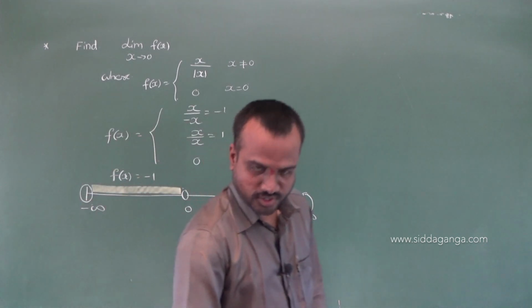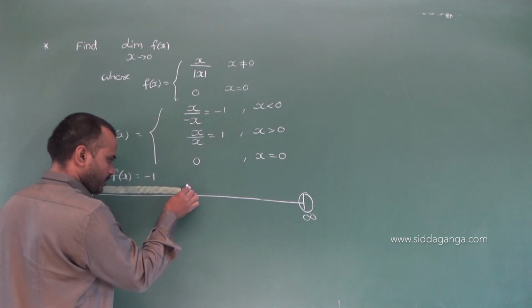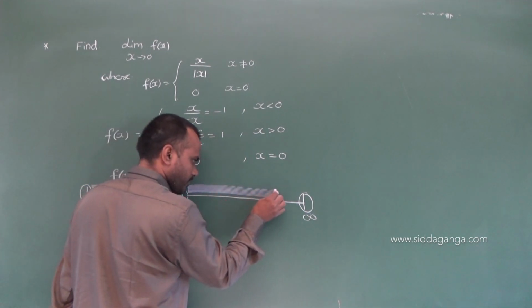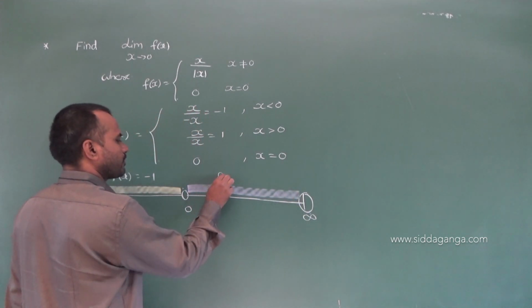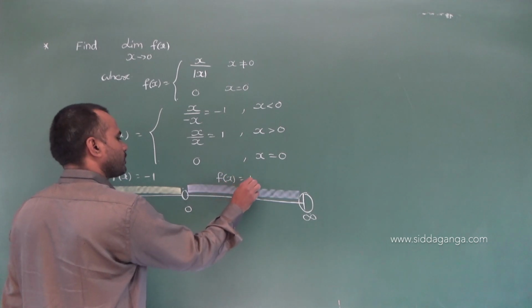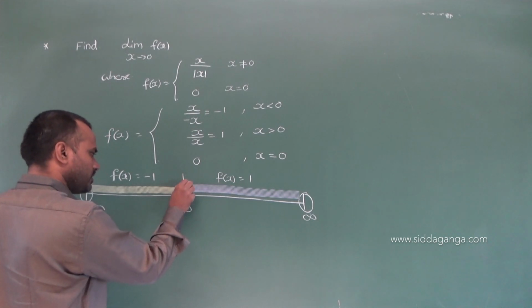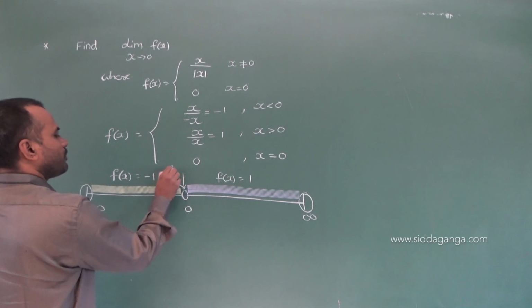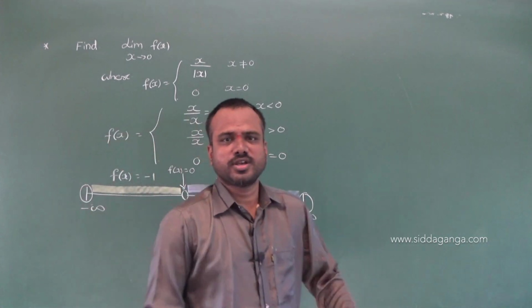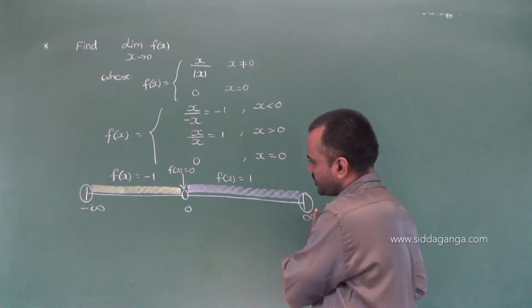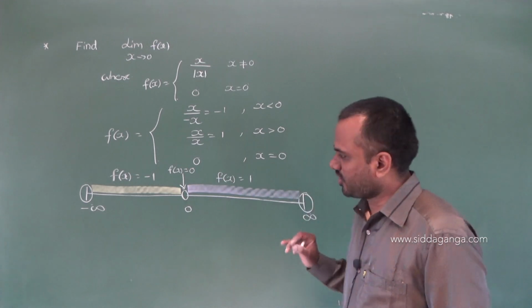For x greater than 0, f of x is plus 1. At x equal to 0, f of x is 0. Overall, the function goes from minus infinity to plus infinity.